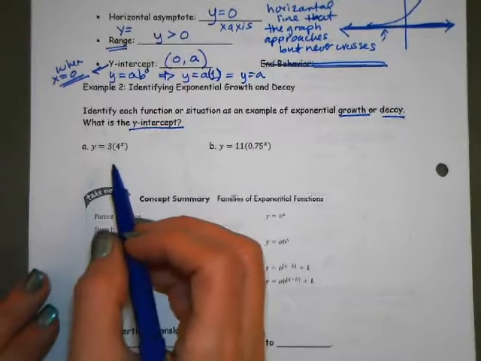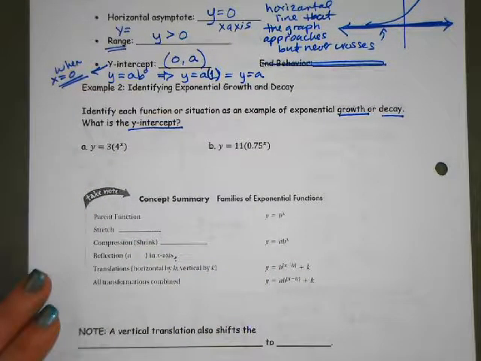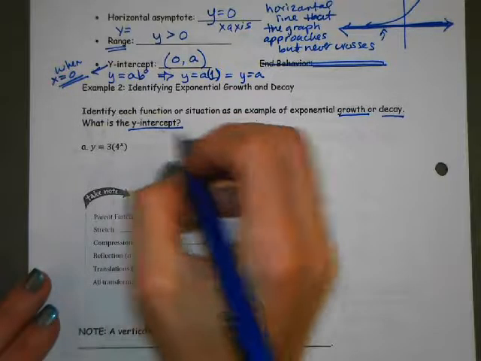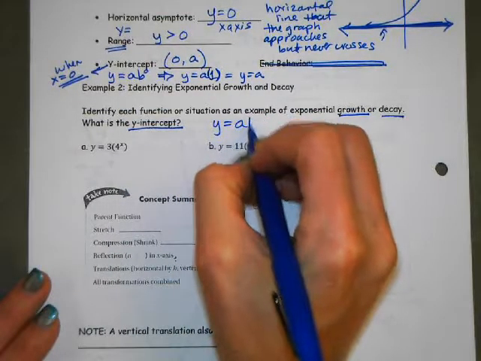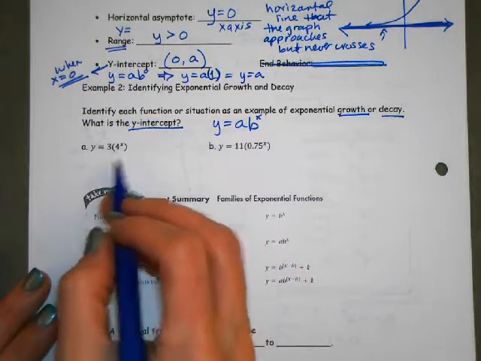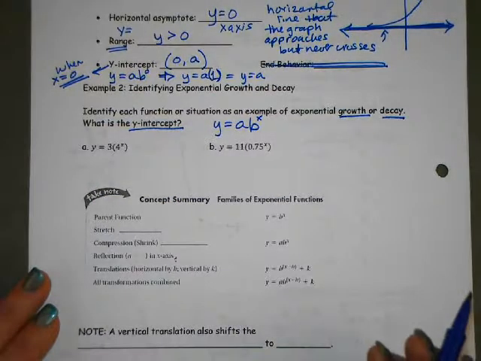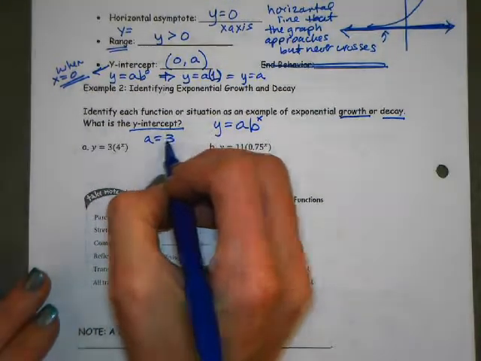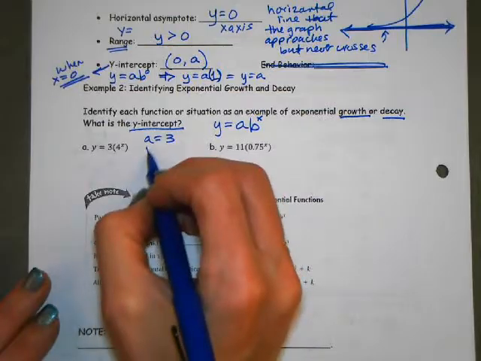So I'm looking for what value to determine if it's growth or decay. What am I looking for? So I have y equals ab to the x. All right, what is my a value here? 3. What is my b value? 4.